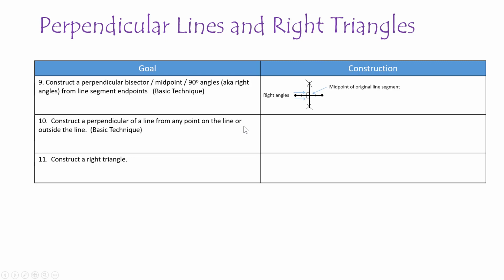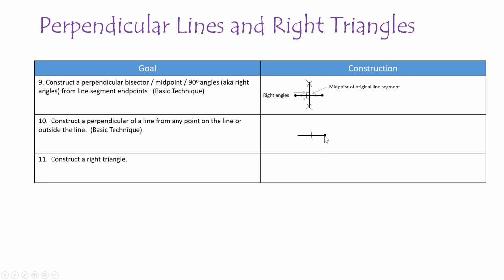And now the question is, what if you want to make a perpendicular somewhere else on the line, either somewhere on the line or from a point outside the line? So we'll do each of those. First, let's say we want to make a perpendicular at one endpoint of this line segment. Well, what we need to do is make a little temporary line segment so we can do a perpendicular bisector.